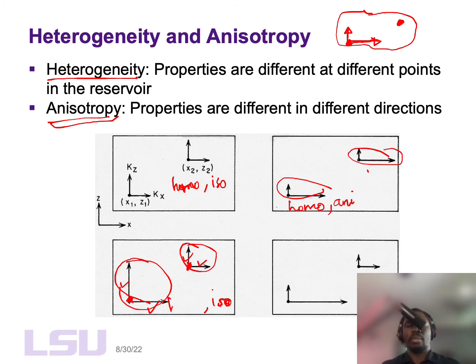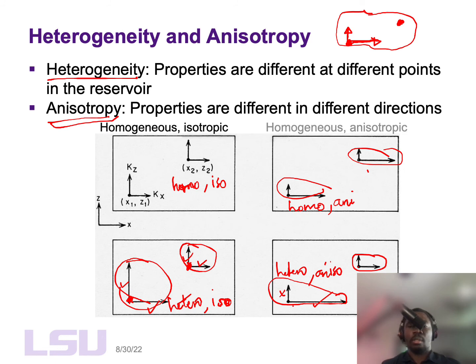So it is heterogeneous. It's not homogeneous. And here, the length in one direction is more than this direction, so it is anisotropic, all right? And then the lengths of these are also much longer than these, so the property is varying from one point to the other, so it is heterogeneous. And all of those are written here.